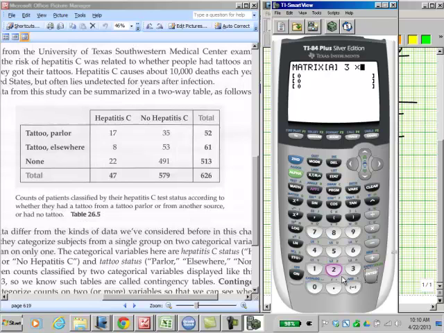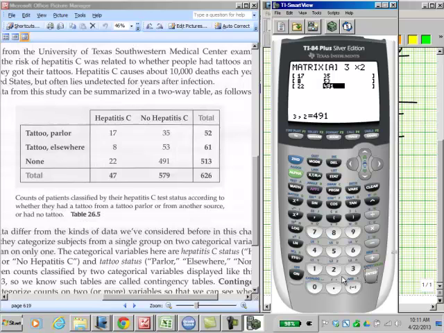So 3 by 2, and let's put in the numbers 17, 35. Make sure the zeros match the layout of your matrix: 5322 and 491. Okay, let's double check. 17, 8, 22 is column 1, 35, 53, 491 is column 2.